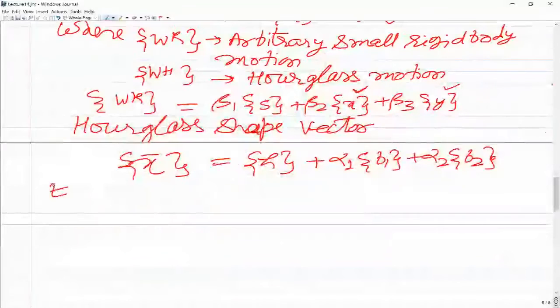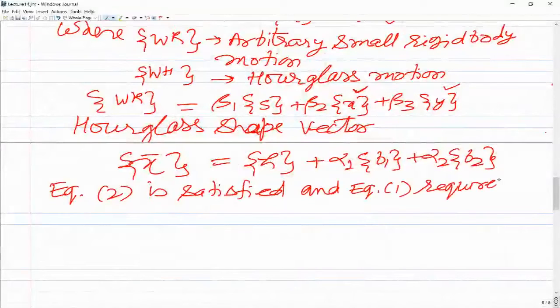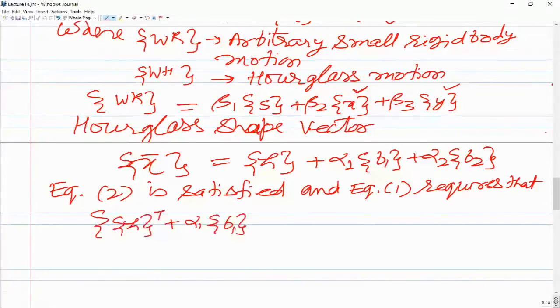So let me write what I just said. Equation 2 is satisfied, as I already said, and equation 1 requires that, basically. Now if you look at your gamma bar vector, gamma bar transpose would be h transpose plus alpha 1 times b1 transpose plus alpha 2 times b2 transpose.